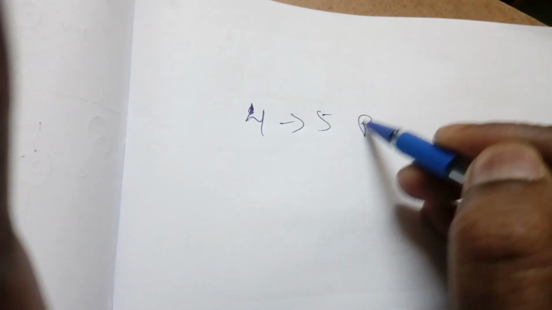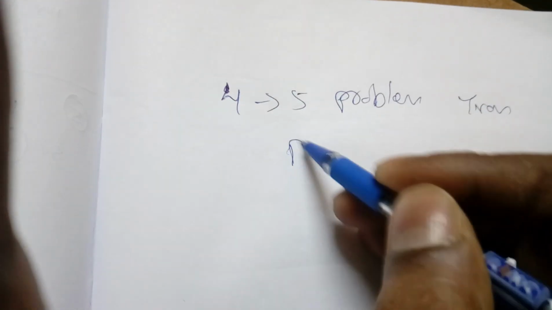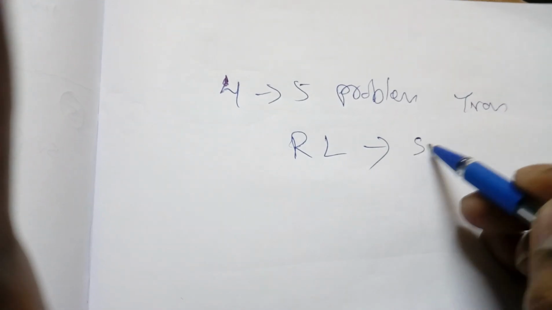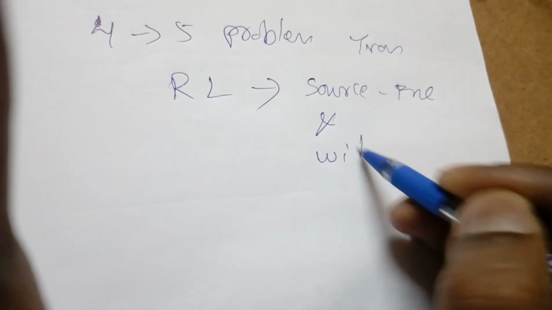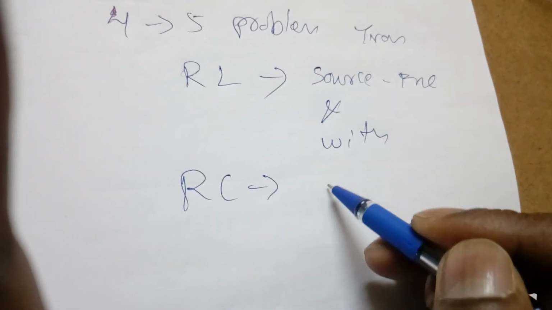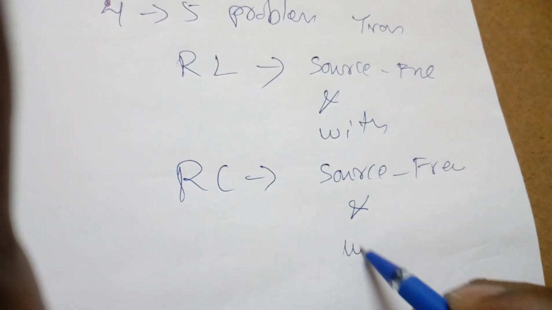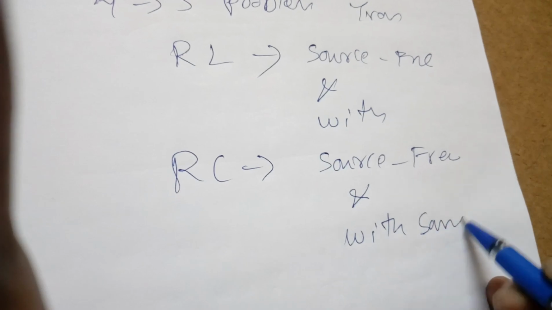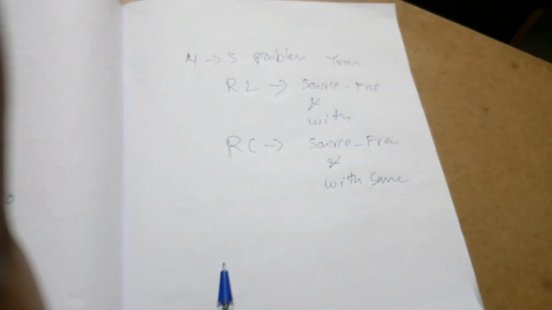You have to solve at least 4 to 5 problems from each concept on transients, right? RL, source free and with source. Similarly RC, source free and with source. Some questions on how to find dIL by dt, dVc by dt and so on.